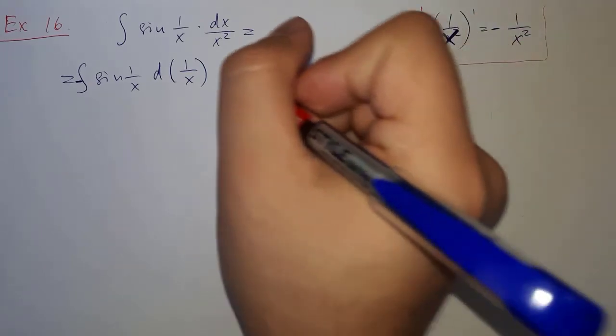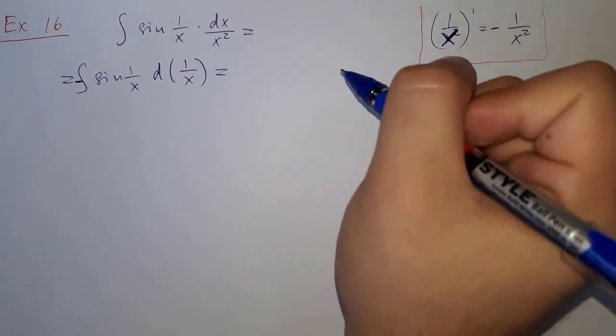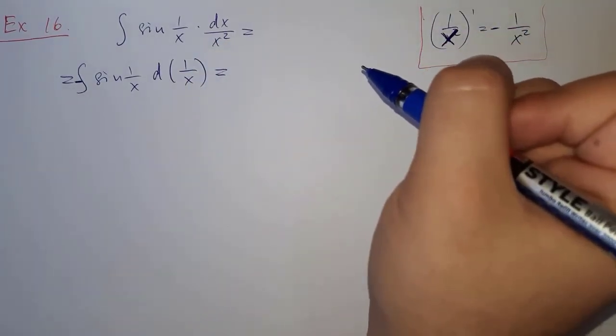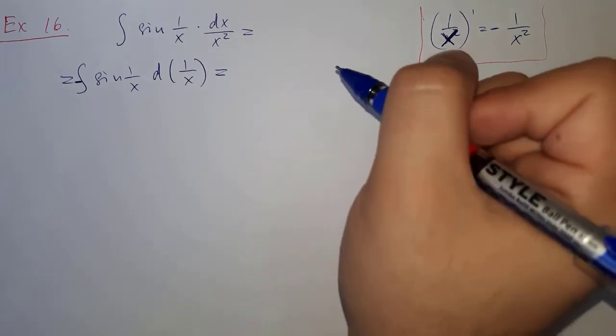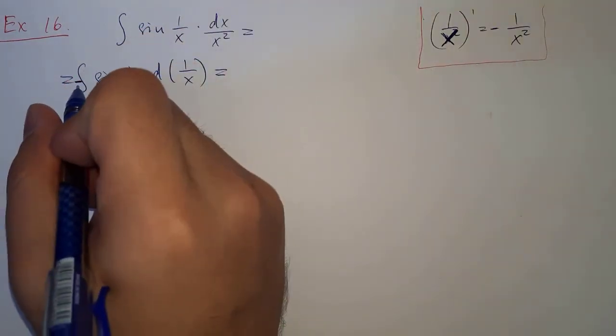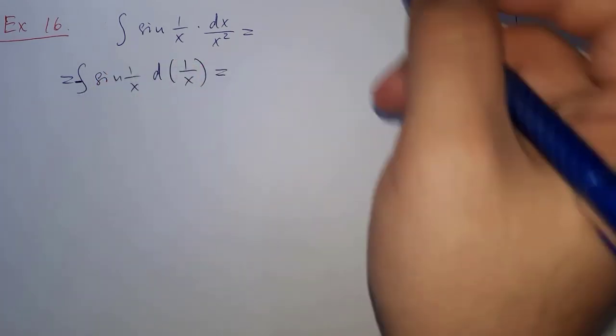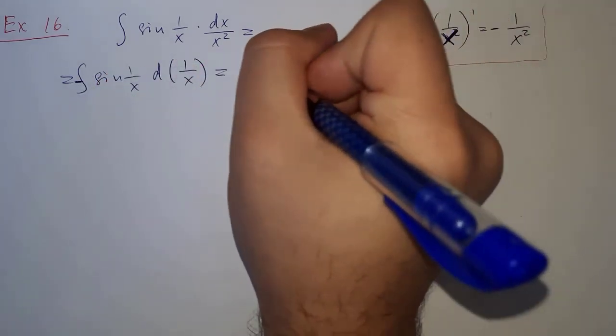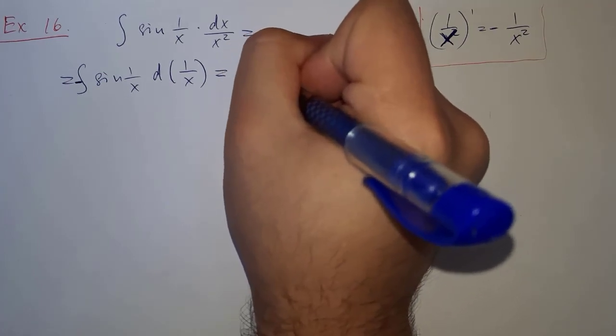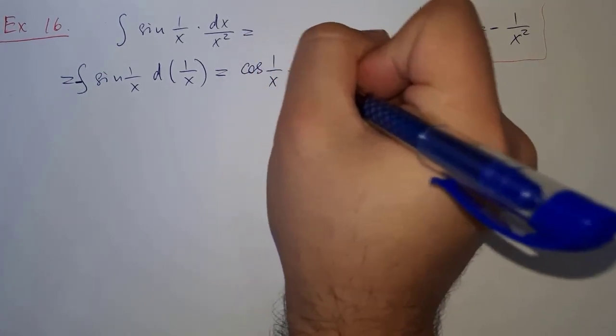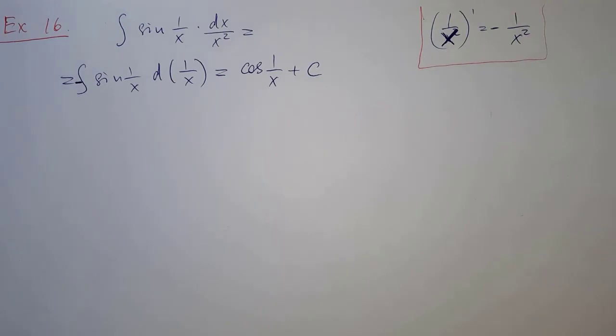So the integral of sine x, the primitive of sine x, is minus cosine x. That's why here we have minus, however it's minus cosine x, so we have plus cosine 1 over x plus c. This is the answer.